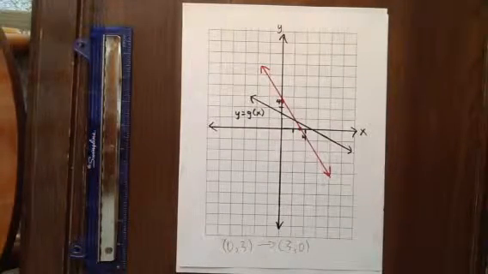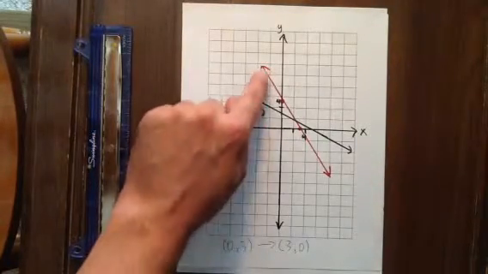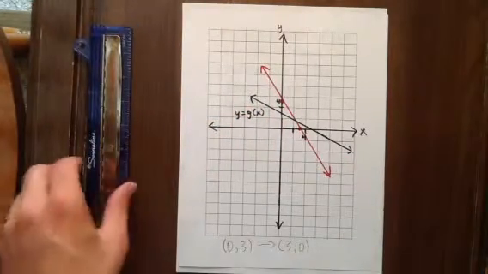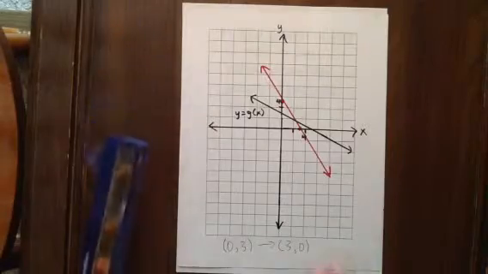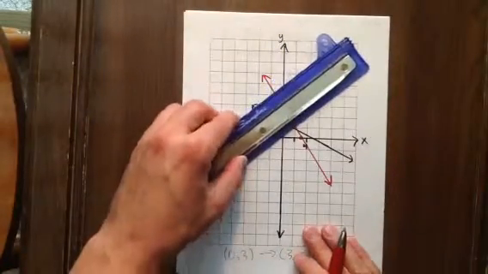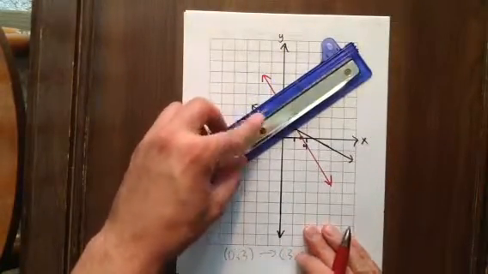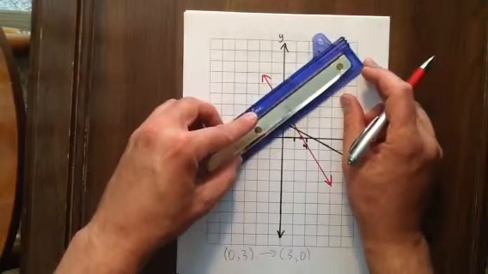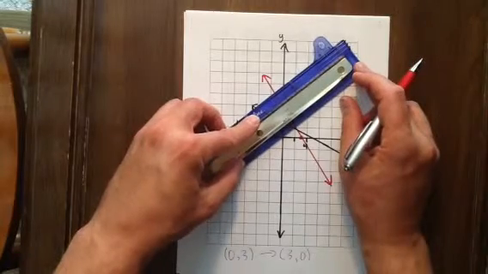Similarly, we see that in this case, the red line drawn is a reflection of the black line drawn in the line y equals x. So we'll draw that graph here. The line y equals x looks something like this.